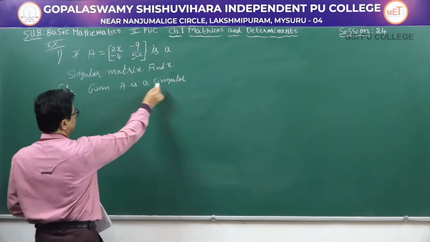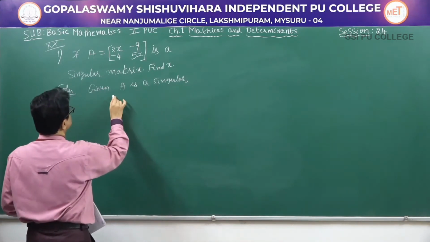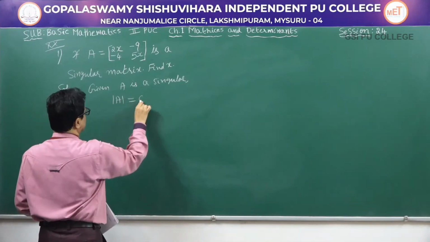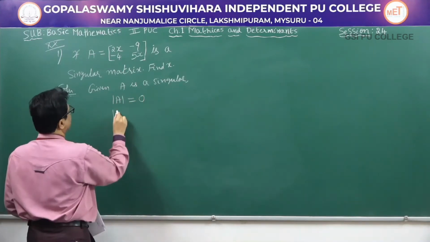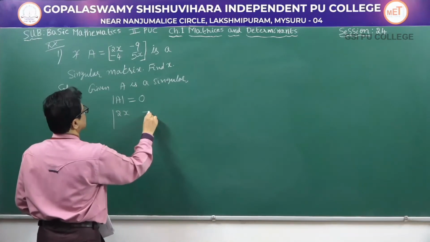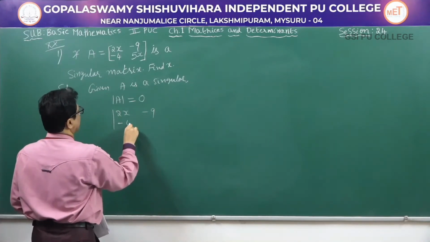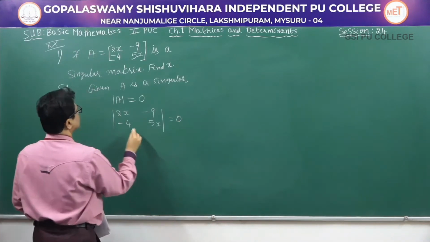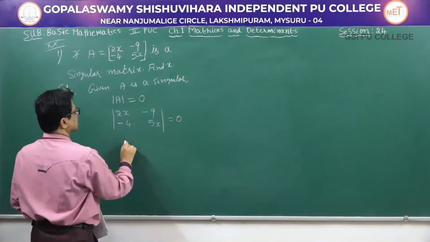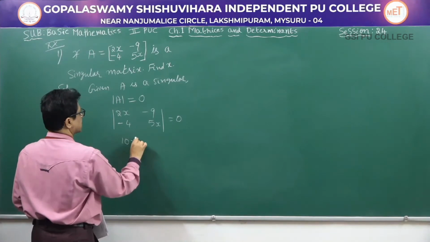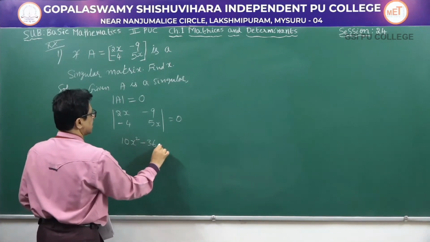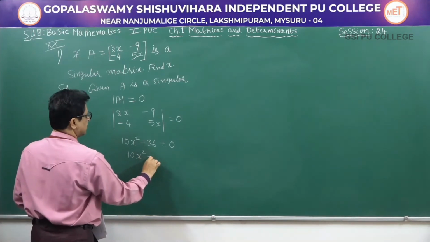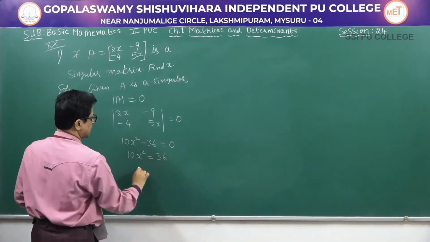So, given A is singular, determinant of A will be equal to 0. Determinant of 2x, minus 9, minus 4, 5x will be equal to 0. So, 2x into 5x is 10x square minus 36 is equal to 0. So, 10x square will be equal to 36.